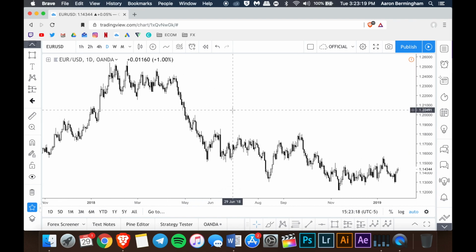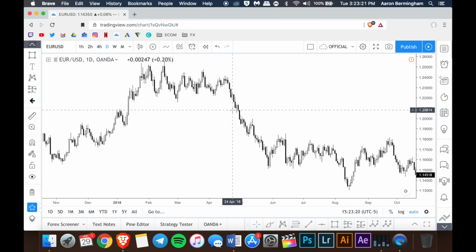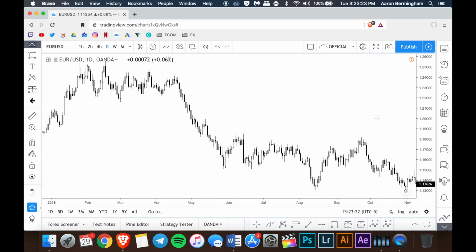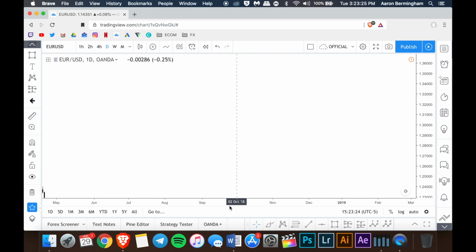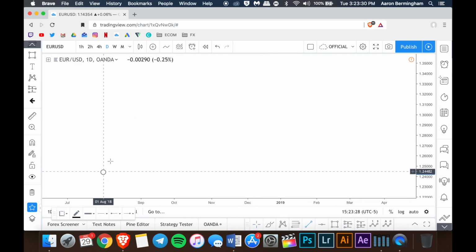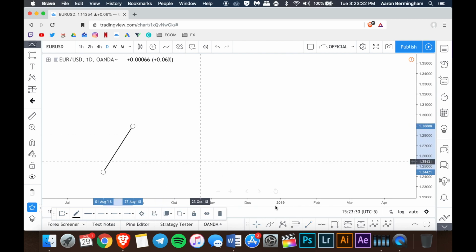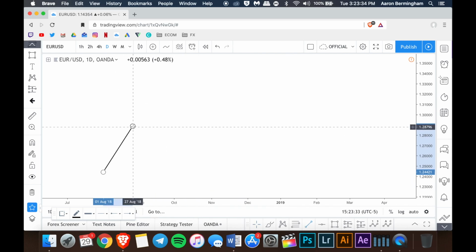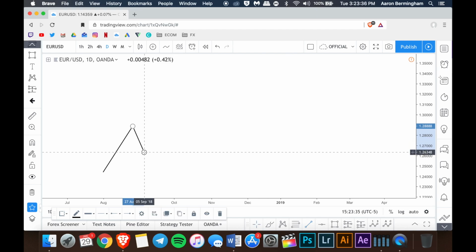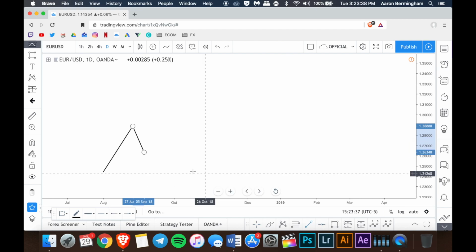So let's actually do this: we'll go to a clean area and I will draw out some market structure. So if we have price coming up, we have price coming back down. Very, very nice uptrend.